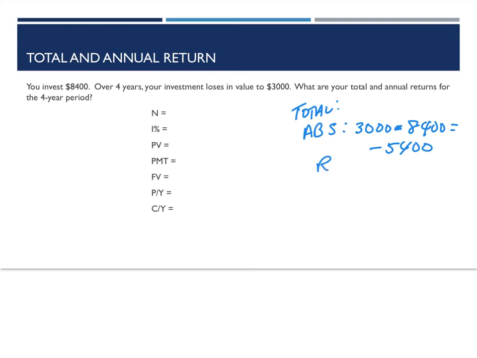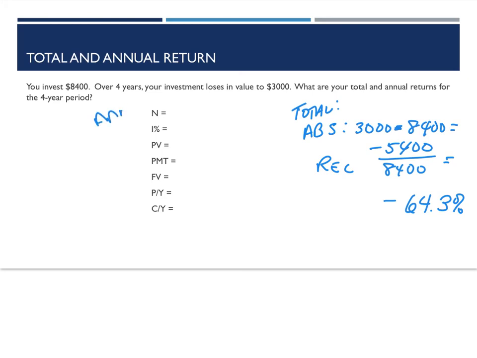And that also means when I find the relative change that I'm dividing by the 8,400. The 8,400 is now my reference value. And this needs to come out to be negative. And it's negative 64.3%, which means I lost over half of my initial investment.